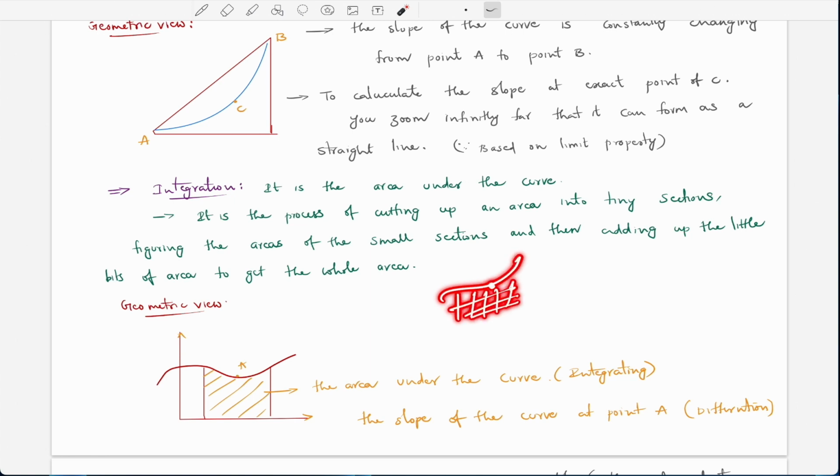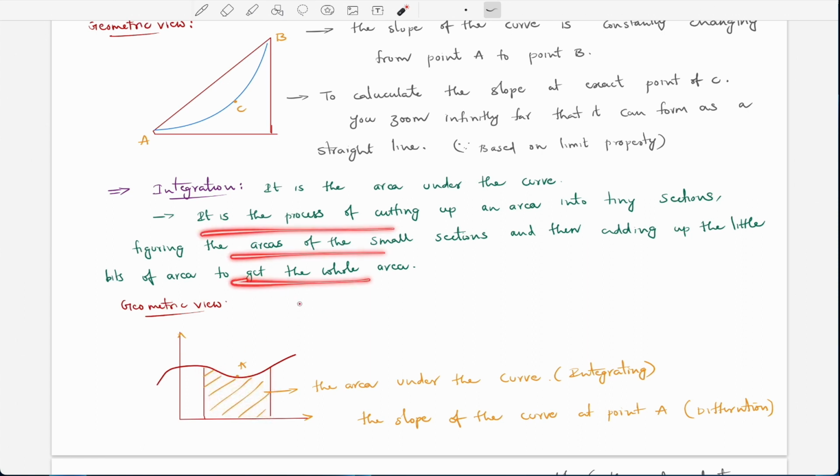To find the slope of this curve, we use differentiation. Under the curve means integration. We make it into small parts and then combine all of them, and this becomes integration, right? We just make small sections and add up the little bits of area to get the whole area. I hope you're getting it.